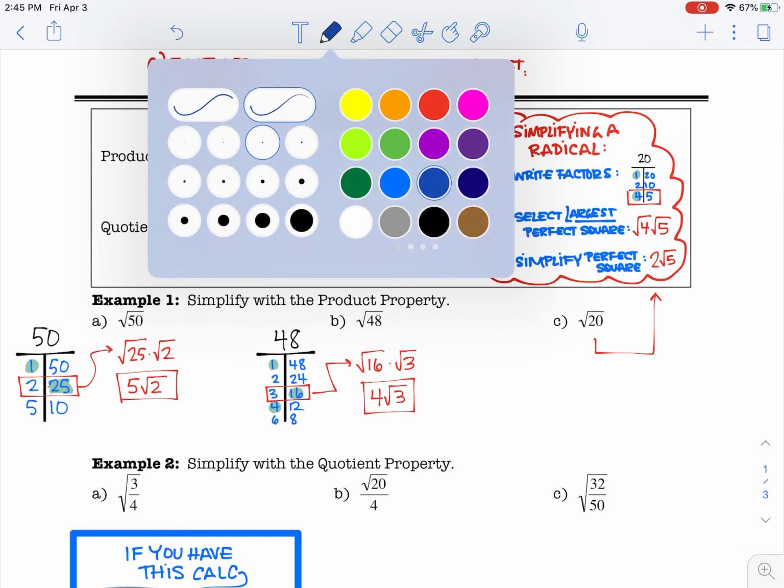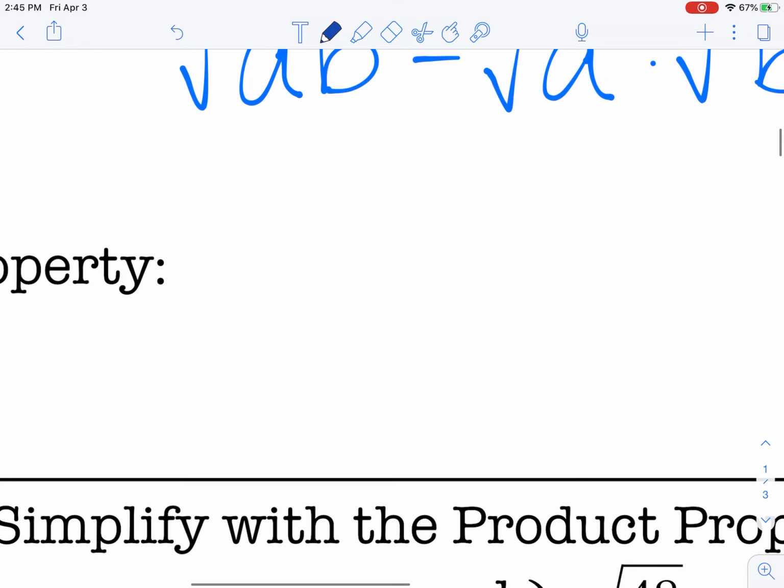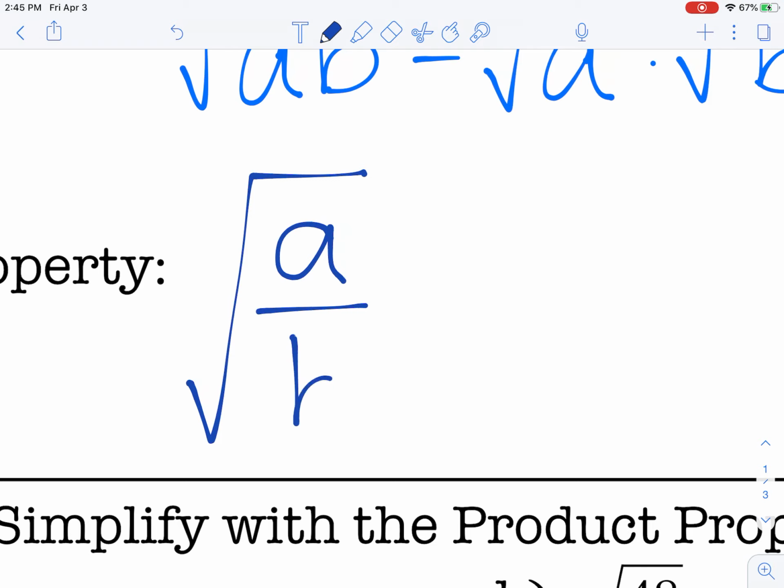All right, the other property that relates to radicals is our quotient property, meaning if we have the square root of a fraction. This one shouldn't affect what we're going to do today very much, but it will come into play when we start completing the square.